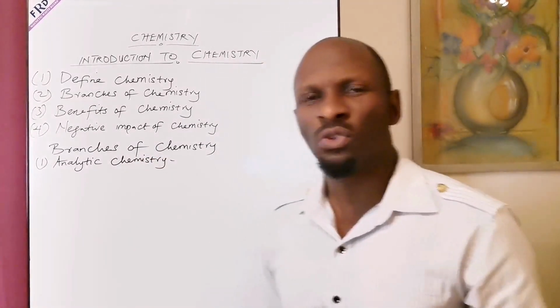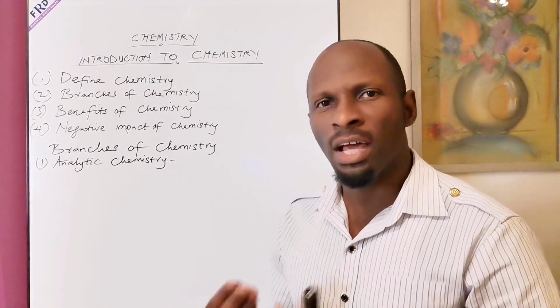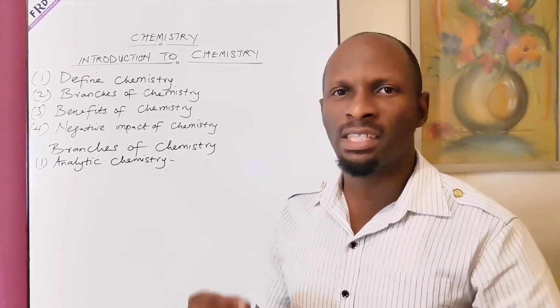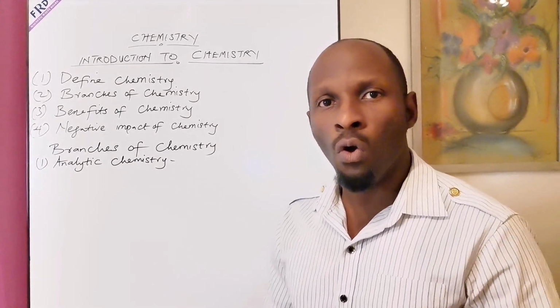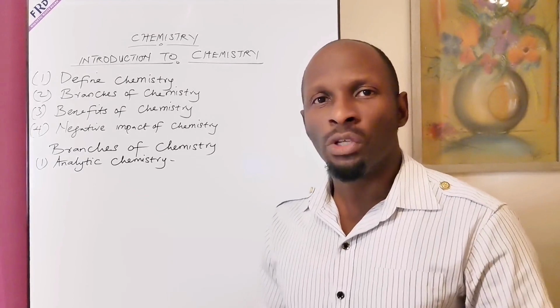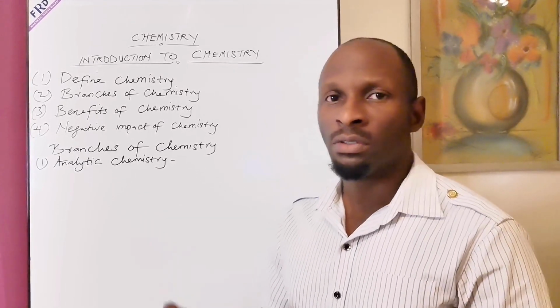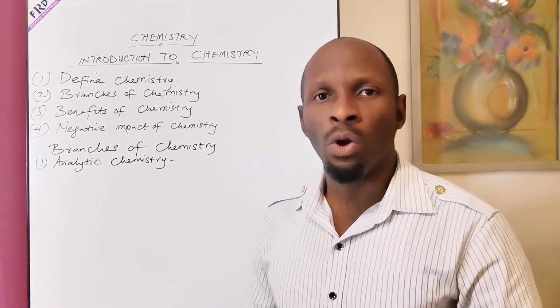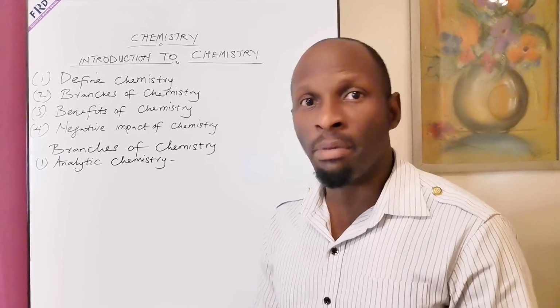Analytical chemistry has to do with the analysis of a particular substance. And this particular analysis can be qualitative or quantitative. When we talk about qualitative, it is non-numerical analysis. And when we talk about quantitative, it is numerical based.